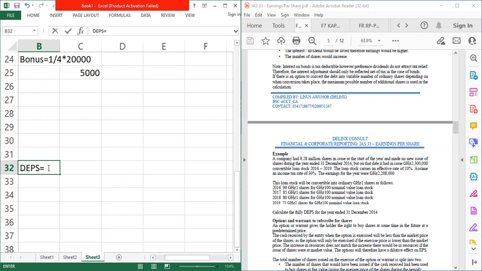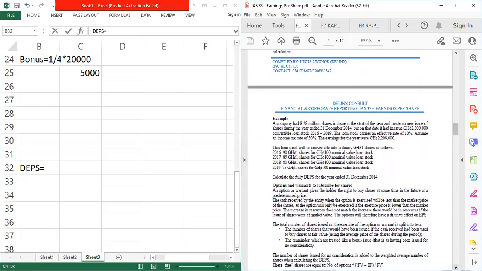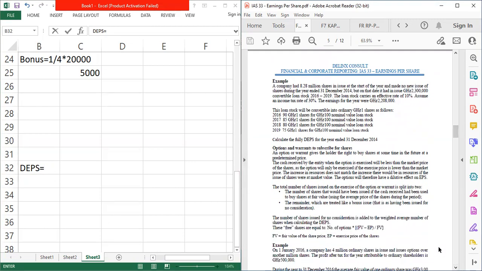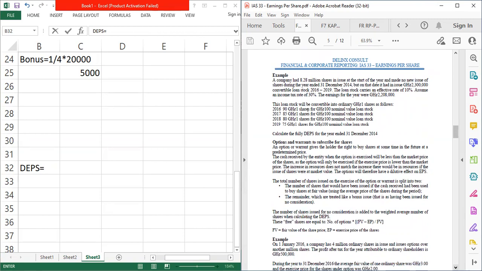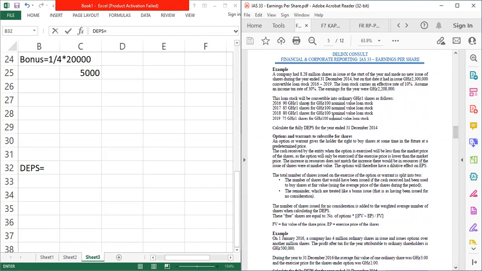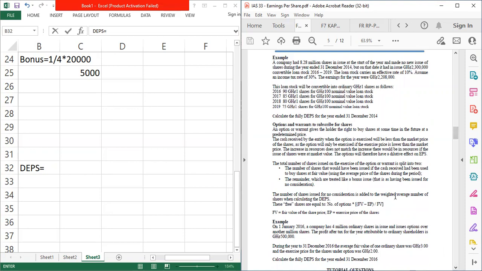But on that date, it had in issue 2,300,000 convertible loan stock. I'm not saying it well. I'm using a phone, so I can't say it well. Okay, let me go for a small one. Can you see now? Okay, let me take it again.